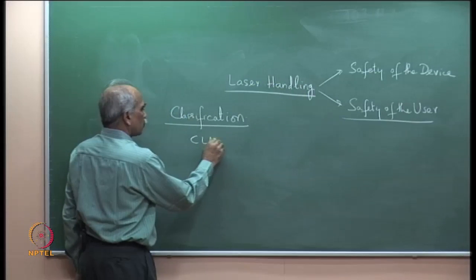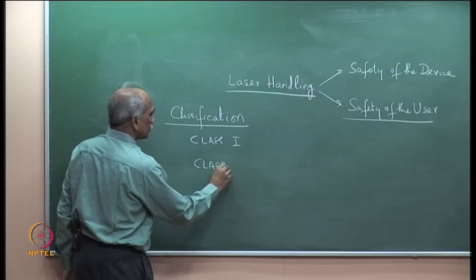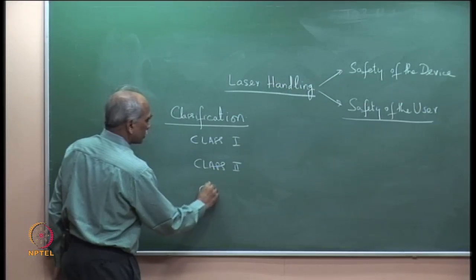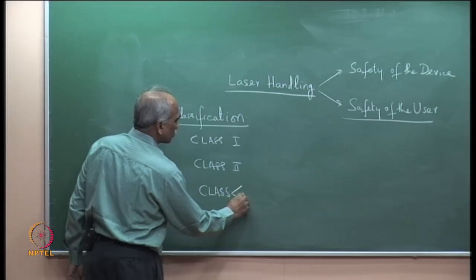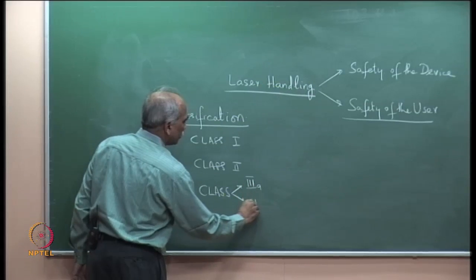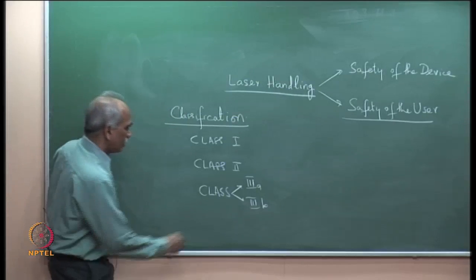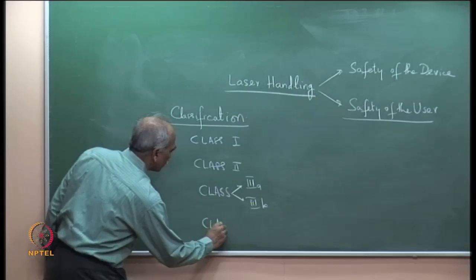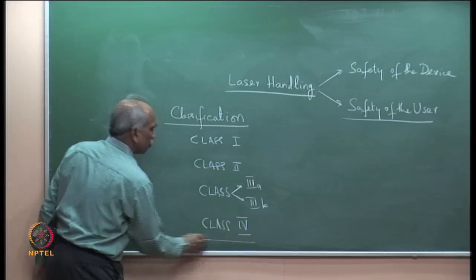These are called class 1, class 2, class 3. Class 3 has usually two subclasses, class 3A, class 3B. This is true for all lasers, not just semiconductor lasers, and class 4 lasers.